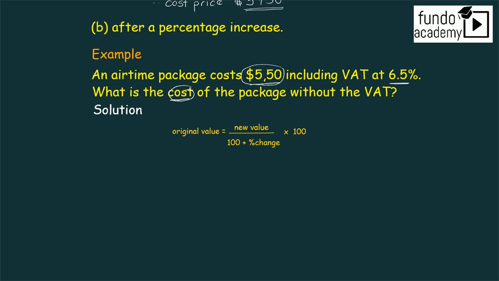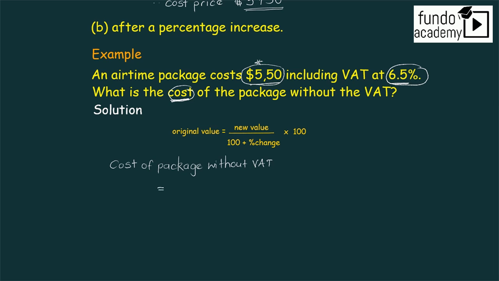Remember, we are saying that the percentage increase is the value added tax of 6.5%. So that is the percentage that has been increased on the cost of a package, so that it now is $5.50. And then the cost of the package without value added tax is the one we are calculating, that is our original value.